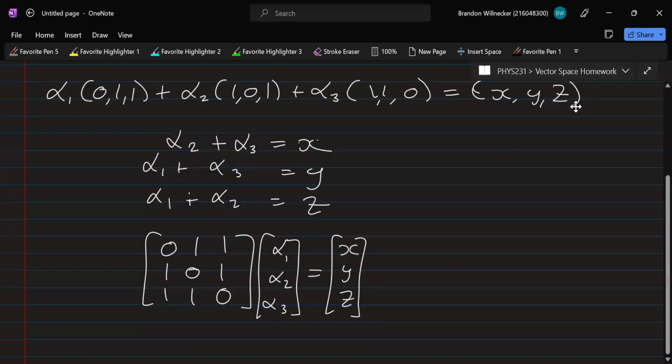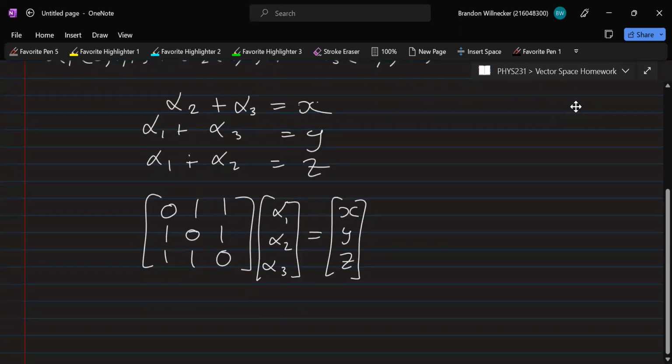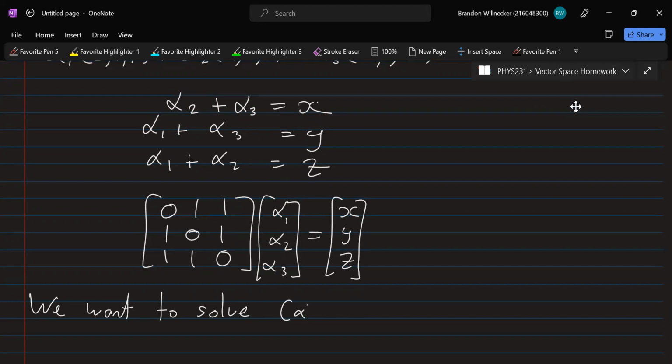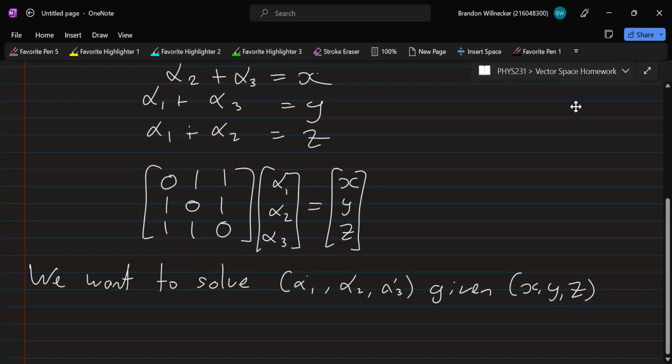Now, we want to solve for alpha 1, alpha 2, alpha 3, given x, y, z. So that's the goal. Now, we can do that if the matrix is invertible.